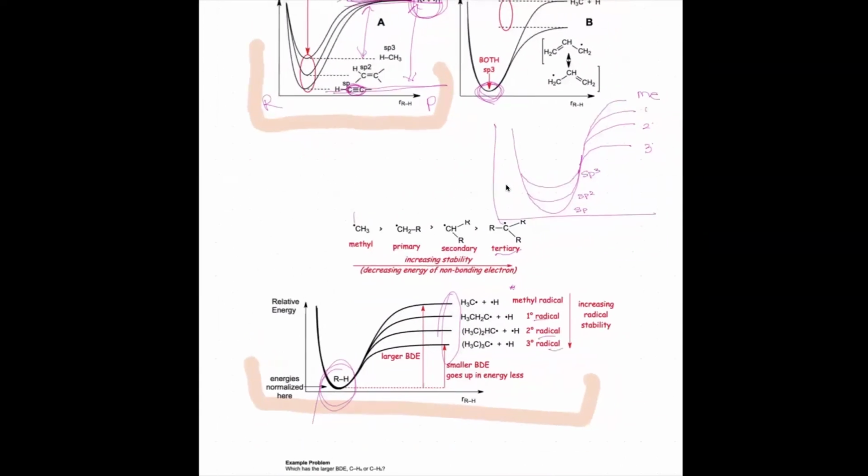Versus here, our radical is stable, but it has low non-bonding energy. So you're trying to dissociate a bond, but this has low bond energy, period.